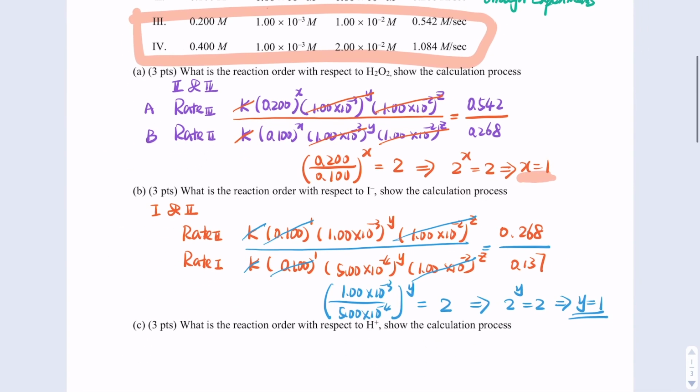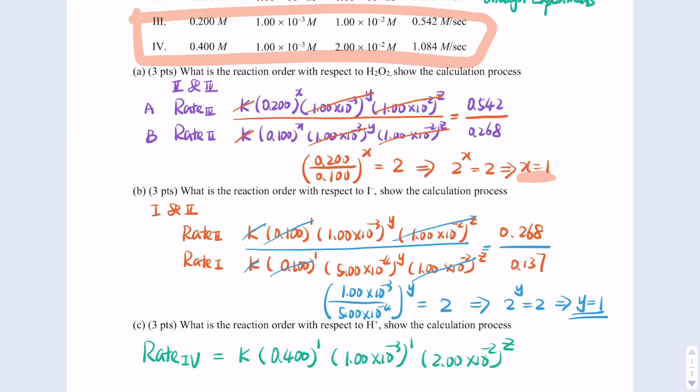So we'll use, let's see, experiment 4. We'll do rate 4. Remember, k we don't know, but we do know this is 1, times 1 times 10 to the negative 3, 1. Then you have 2 times 10 to the power of 2 to the power of z, which equals 1.084.